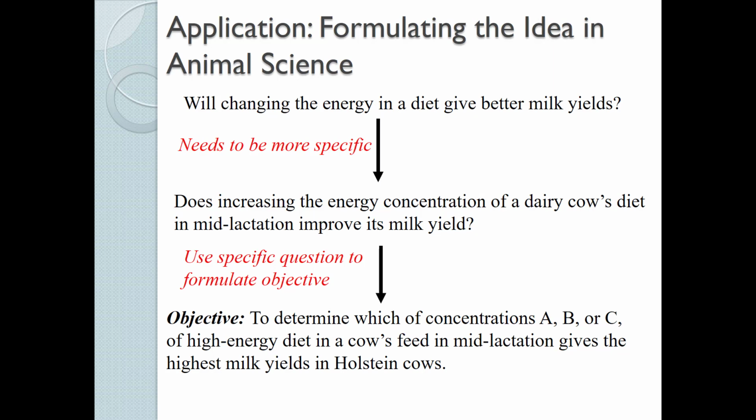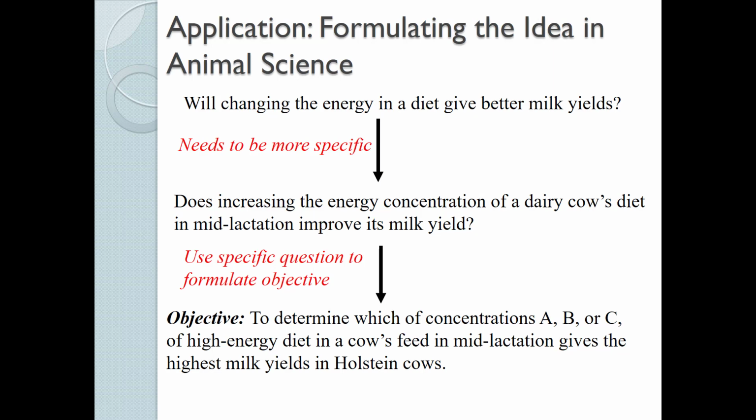An example in animal science may look something like this, where we start with the question of, will changing the energy in a diet give better milk yields? To make that more specific, we could add some verbiage to it that says, does increasing the energy concentration of a dairy cow's diet in mid-lactation improve its milk yield? And then we could take that more specific question and change it around to form the objective.